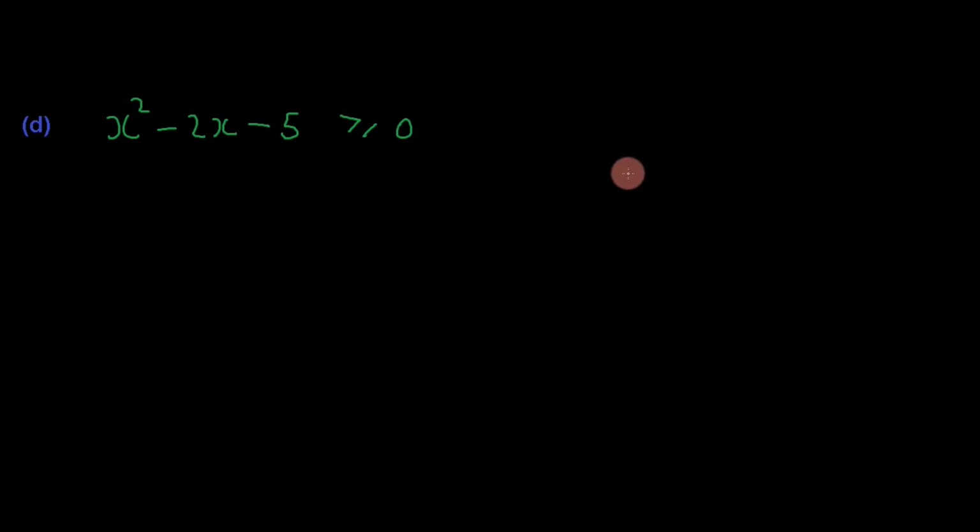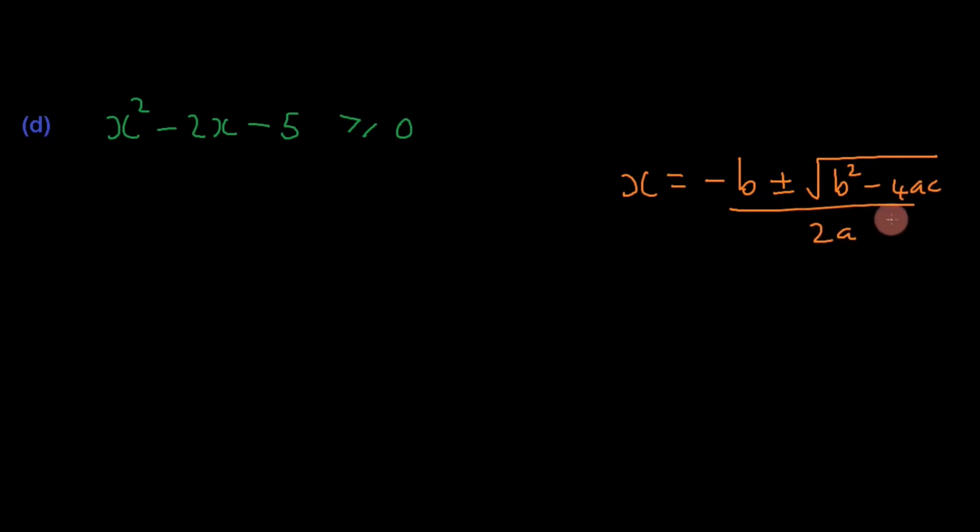So we're going to use the quadratic formula, x equals negative b, plus or minus the square root of b squared minus 4ac, all over 2a. So I'm going to solve this first as an equation in order to get the roots. So we're going to say for x squared minus 2x minus 5 equal to 0.